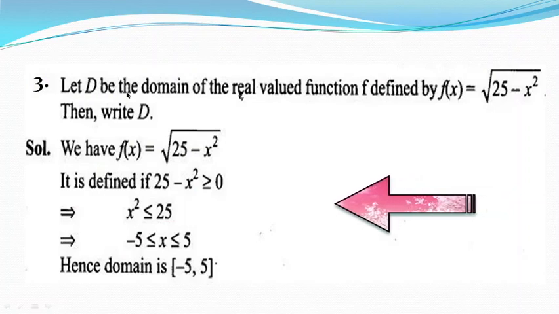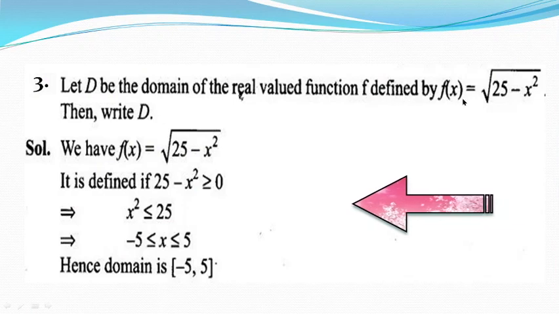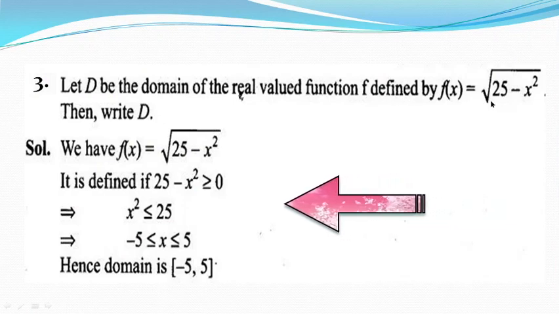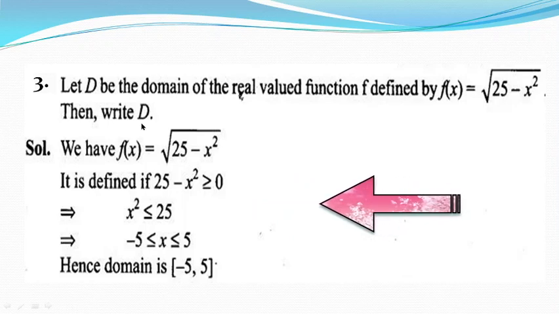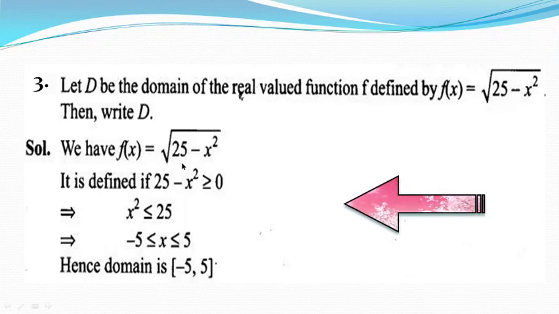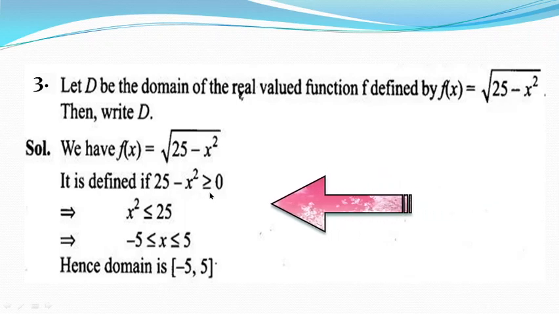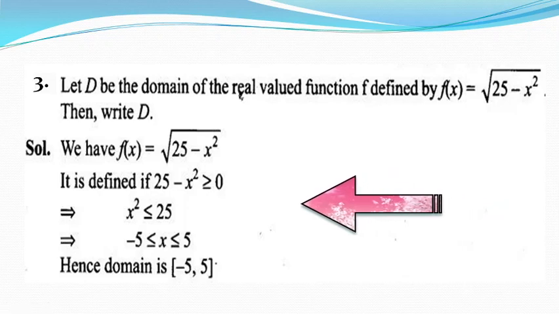Third question, let D be the domain of the real valued function f defined by f(x) equal to under root 25 minus x square. Then we have to find the domain. The given function is this. This function will be defined if 25 minus x square is greater than equal to 0. That's what you have studied even in class 11th.